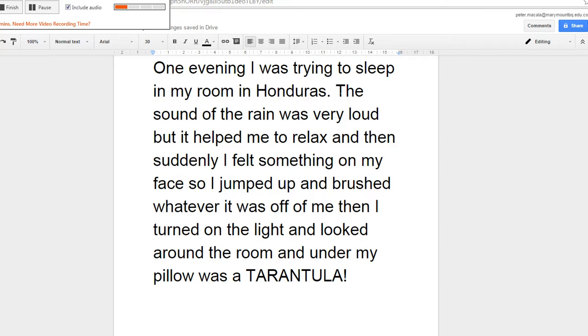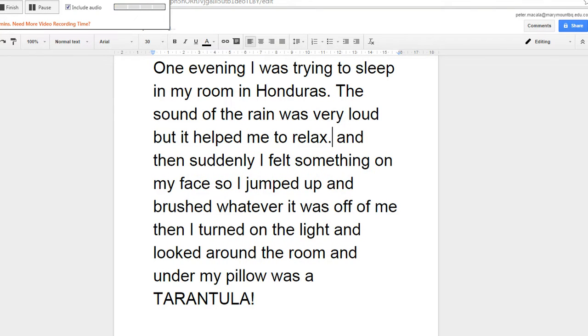I'm going to continue. It says, the sound of the rain was very loud, but it helped me to relax. And then suddenly, oh, I need a pause. Okay, I know I want a period there. There's actually two sentences here. The sound of the rain was very loud. That's a complete sentence. If I wanted to, I could put a period there and then make this a full sentence too.